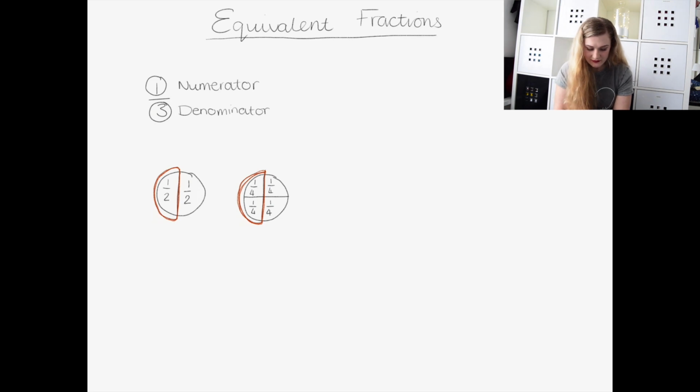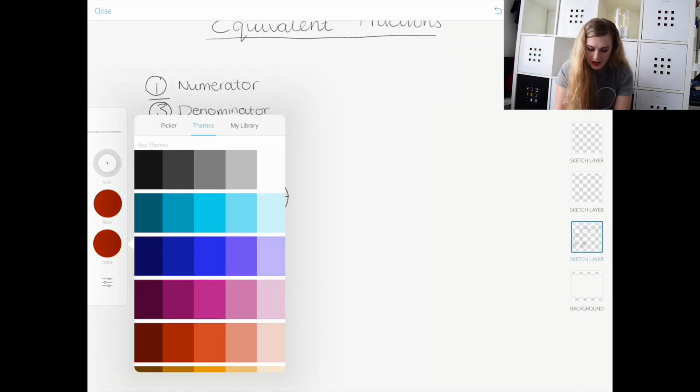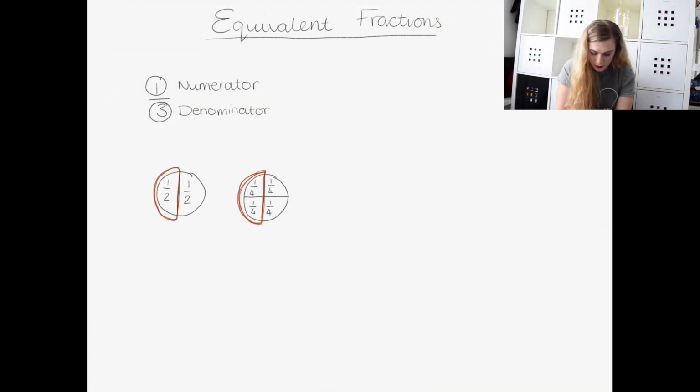So I could turn around and I could say, let's go for a nice blue this time, I could say that 1/2, this half here, is equal to 1/2 of my quarters, because I've got 1/4 and I've got 2/4. So 1/2 is the same as 2/4.